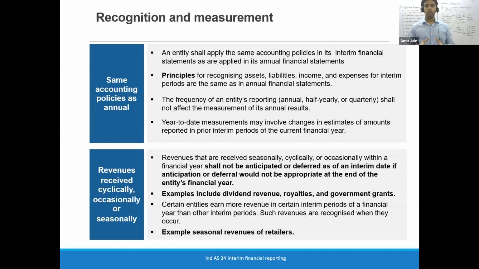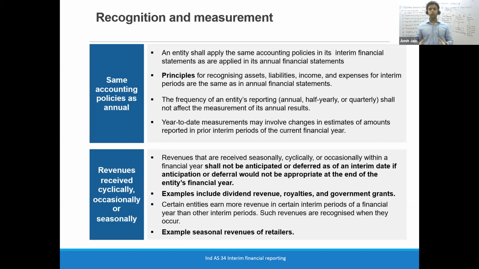What do you mean by the recognition and what do you mean by the measurement, right? So when we are saying recognition and measurement, we are talking about the revenue, the expenses, the assets, the liabilities. That means when the company presents the interim financial reporting, at what value they have to recognize the asset, at what value they have to recognize the liability, at what value they have to recognize the revenue and expenses, right?